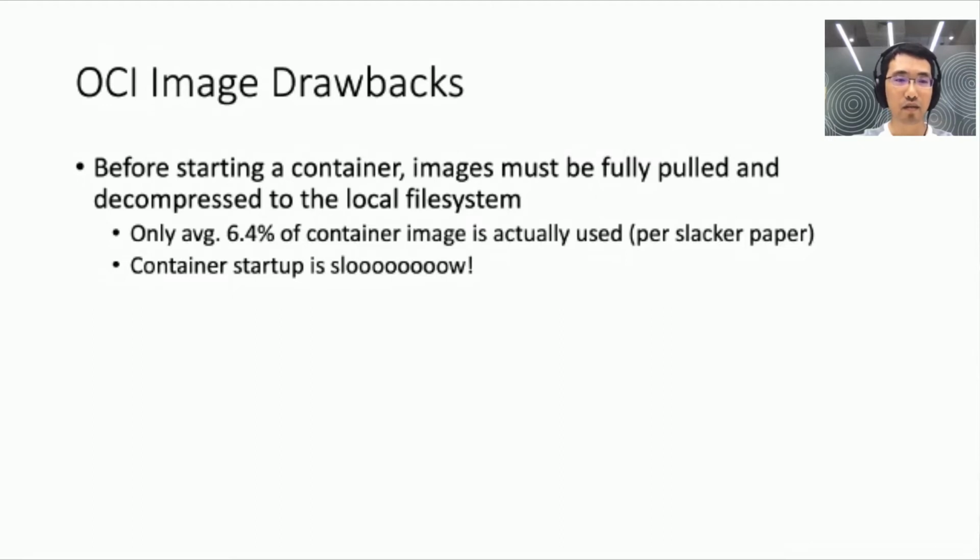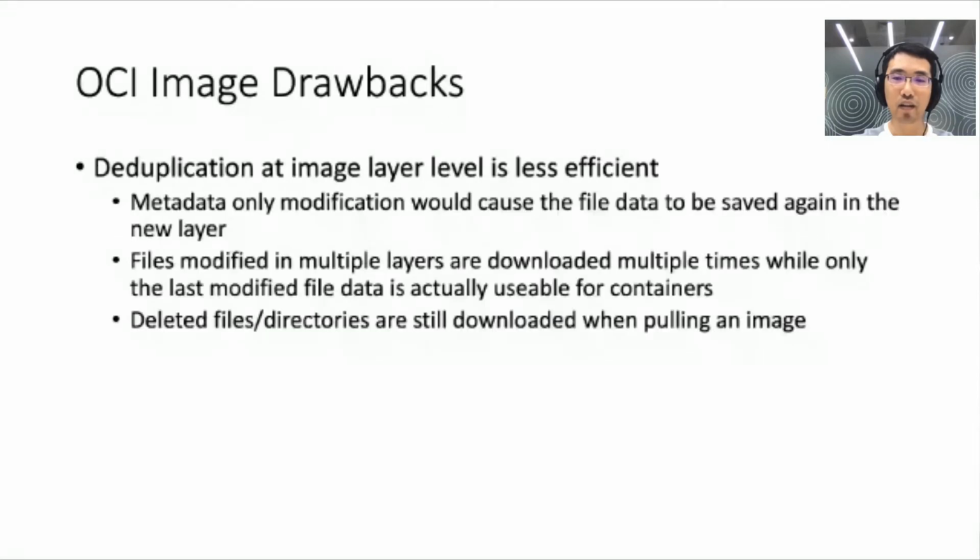Another drawback of an OCI image is duplication. The deduplication right now is at the image layer level, and it is less efficient. Firstly, when we modify a file's metadata, it will cause the file data to be saved again in the new layer as well. And also, if we modify the same file multiple times in multiple layers, the same file will be saved in multiple layers.